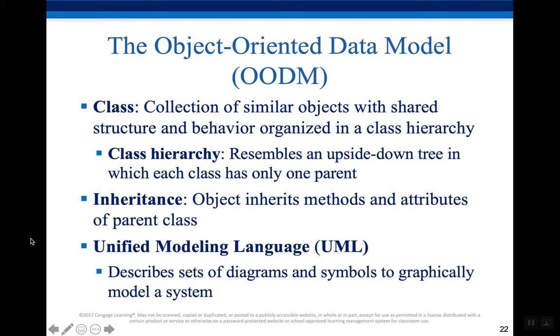Object-oriented data model. So a couple of terminologies which you'll see in any type of object-oriented anything: object-oriented programming languages, object-oriented data structures. The concept of a class. A class is a collection of similar objects with similar structure and behavior organized in what we call a class hierarchy.